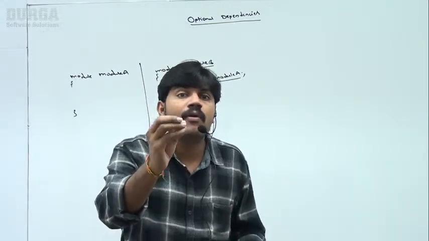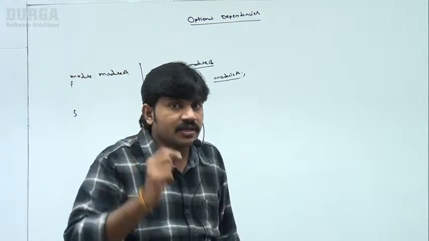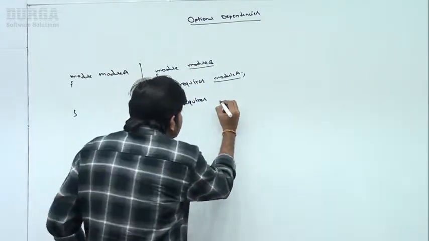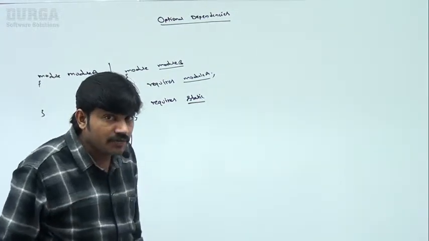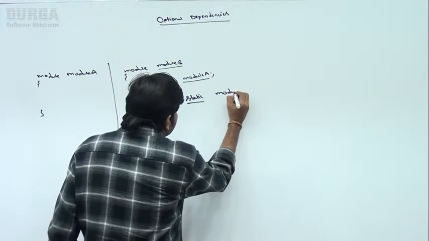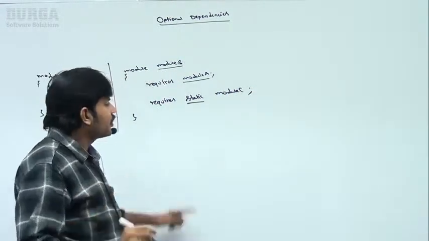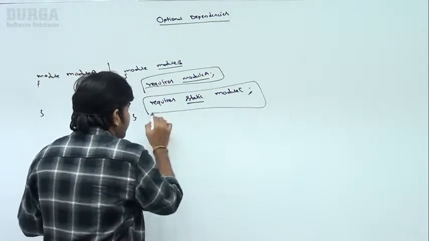If you have such an optional module, how do you define it in module-info.java? With the requires static keyword. Which keyword am I using? The static keyword, requires static module C. Now observe very carefully the difference between this line and this line.